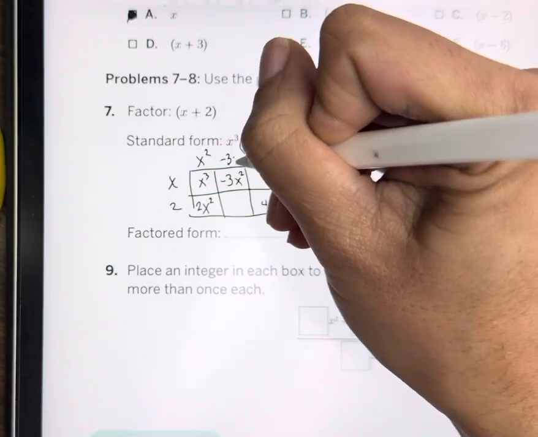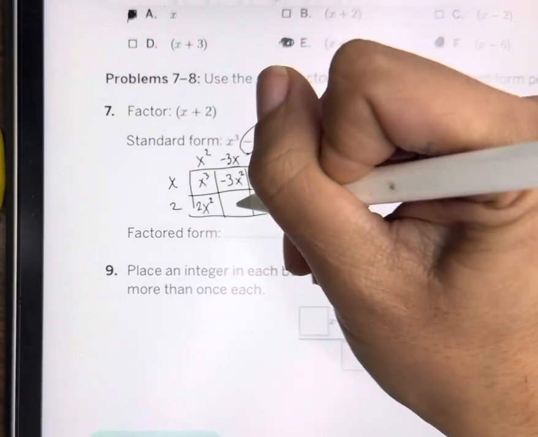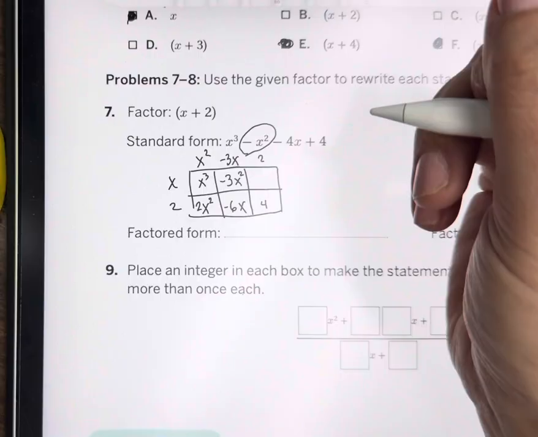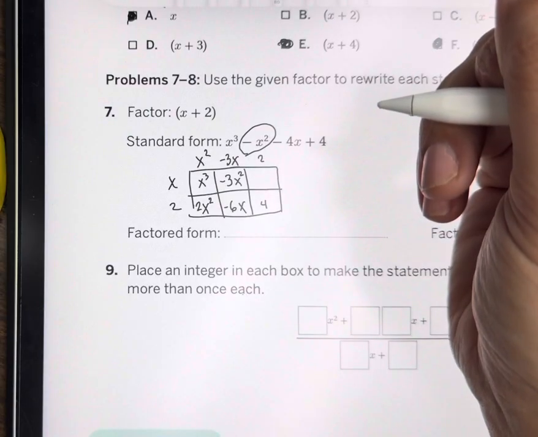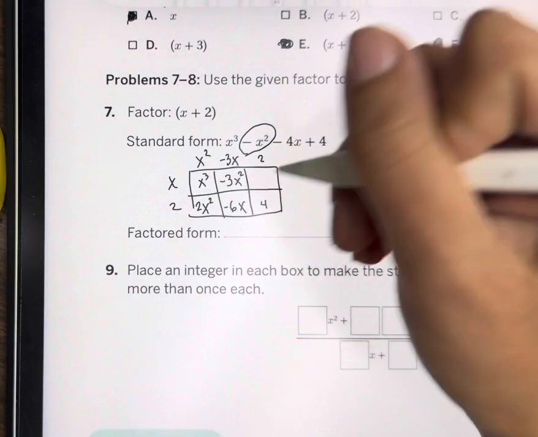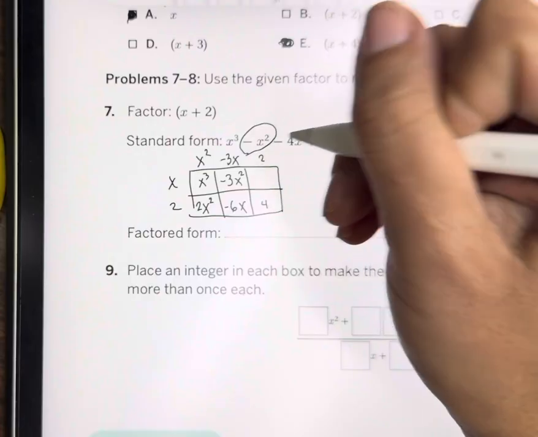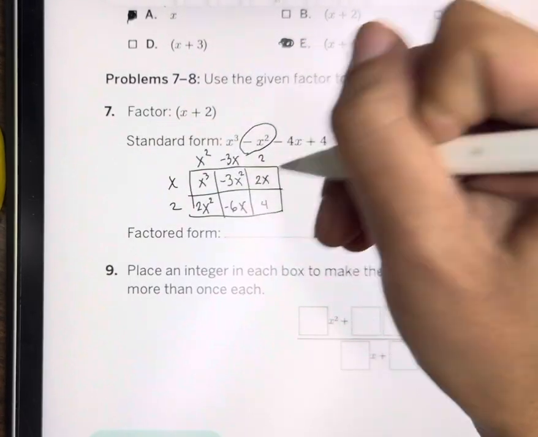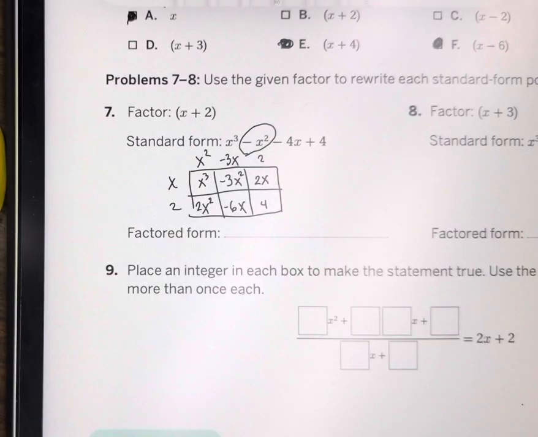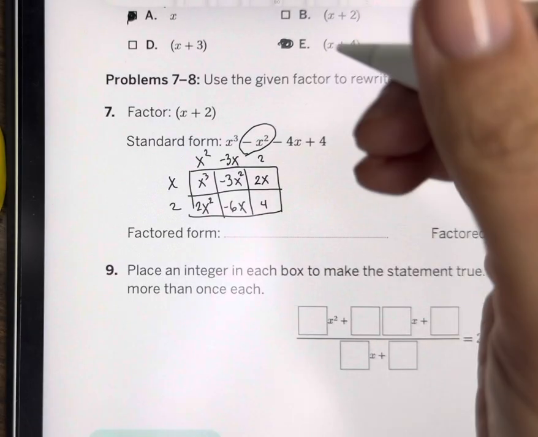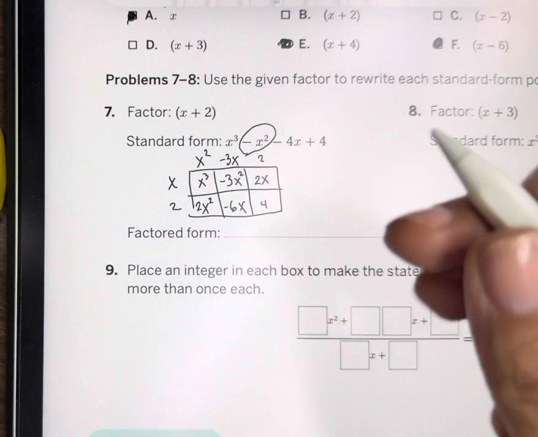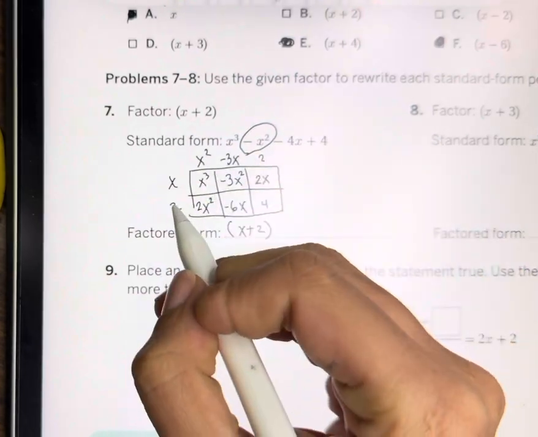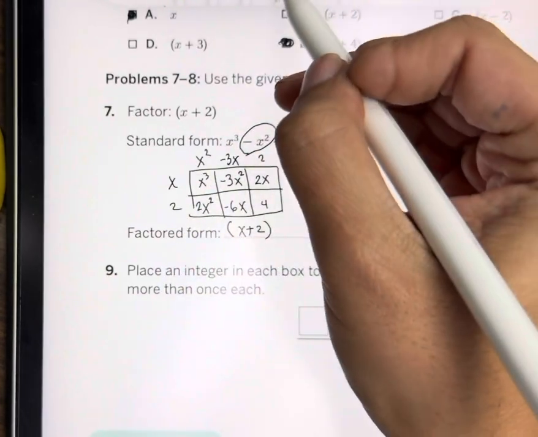This is negative 3x. Negative 3x times 2 is negative 6x. Oh man, that was so hard for me. I'm out of juice. I'm so tired. What goes here? 2 times x, 2x, and 2 times 2 is 4. So I just factored this basically into x plus 2 times this.